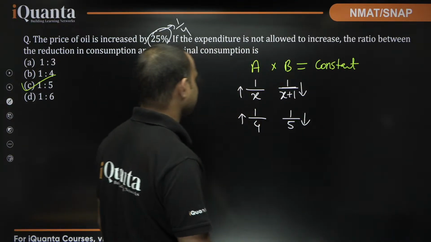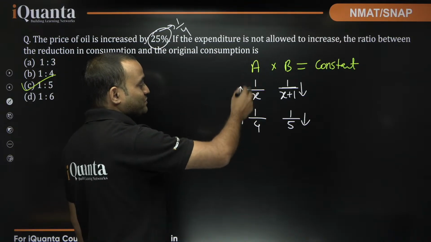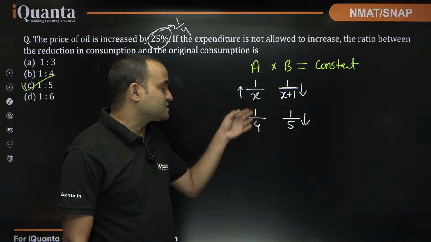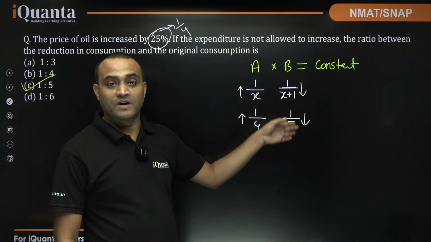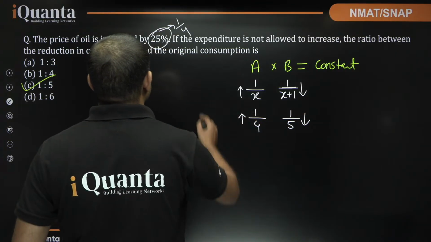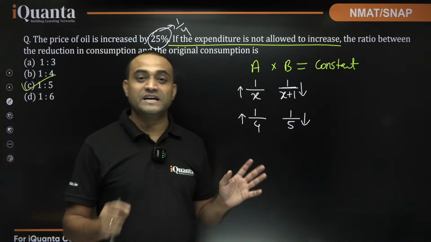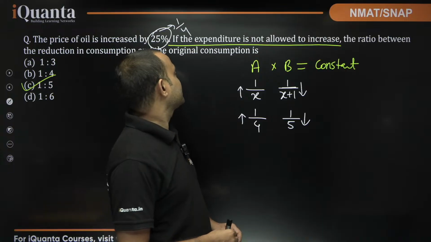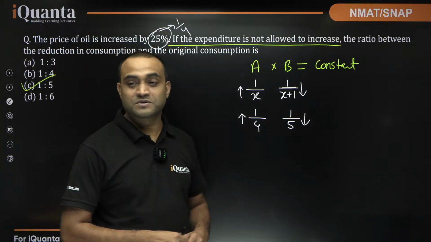Rubal, as I said, see, 25% increase, right. What is 25% increase? This is 1 by 4, right. So, when A is increased by 1 by 4, B should be decreased by 1 by 5 to keep the product constant. It says the expenditure is not allowed to increase, means expenditure will be constant.